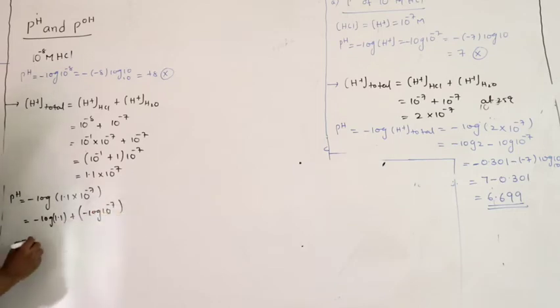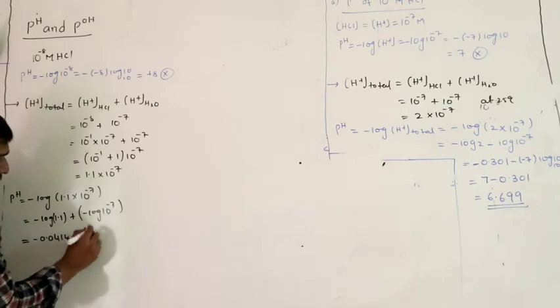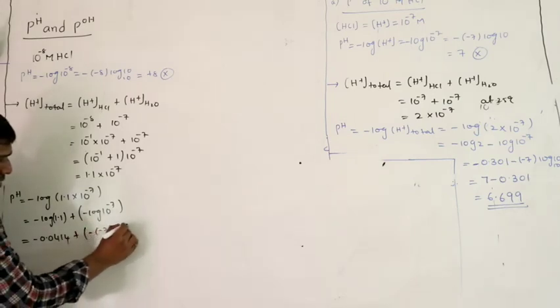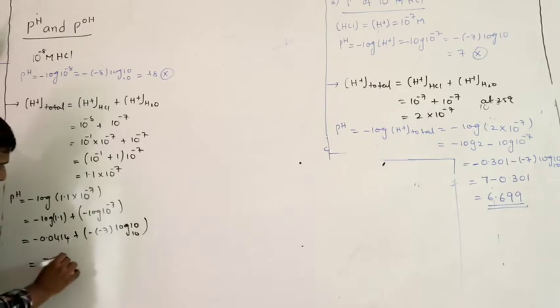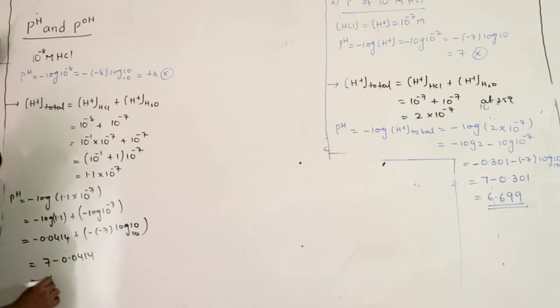Log 1.1 is 0.0414, and this is minus of minus 7 log 10 to the base 10. So you will get 7 minus 0.0414, which is 6.9586.